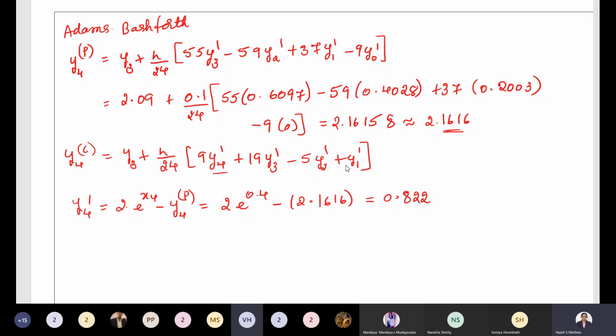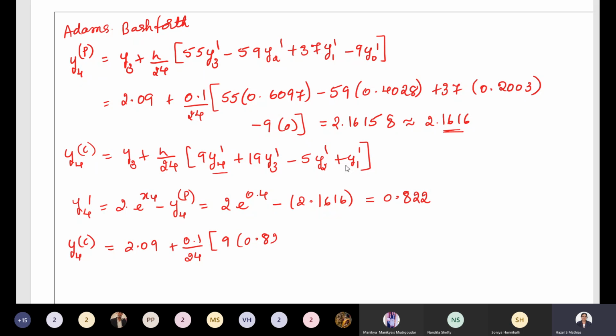Okay. So now use the corrector formula, y4 power c. Substitute in the corrector formula. The y3 value we have to use. What is the y3 value? It is 2.09 plus 0.1 divided by 24 into 9 times y4 dash. What is y4 dash? We calculated just now.